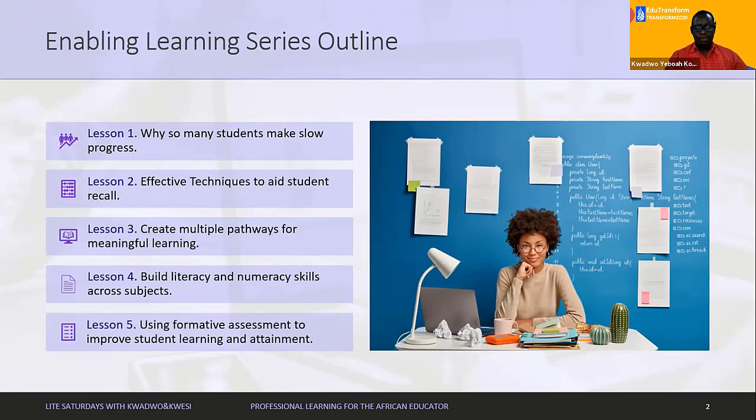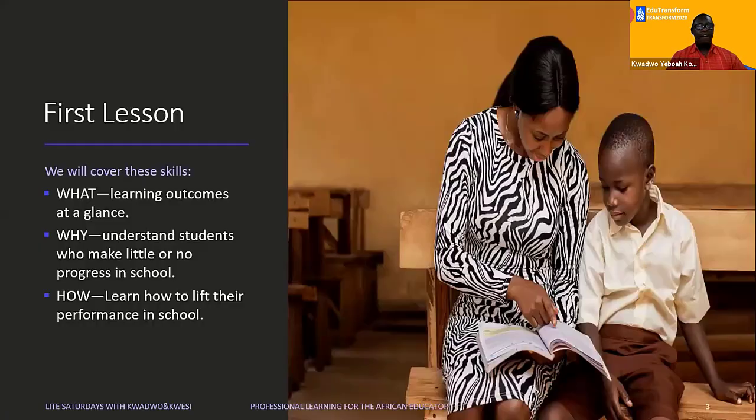Without wasting more time, let's look at the key skills or objectives we have for our very first lesson in this series. And we are capturing our objectives in the framework of what, why, and how. Under the what, we want to find learning outcomes at a glance.